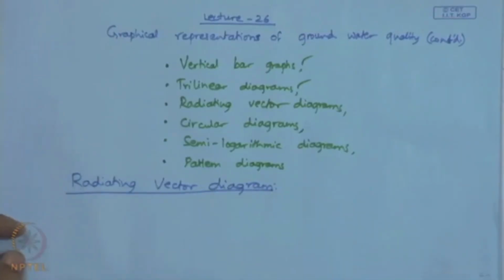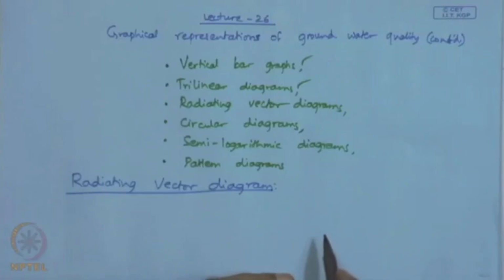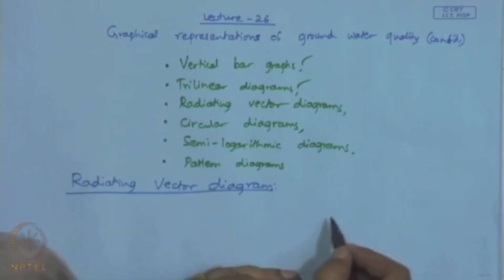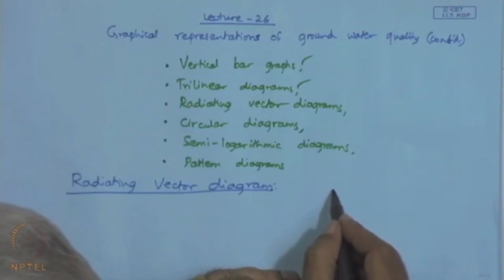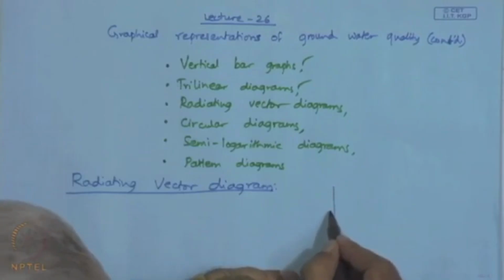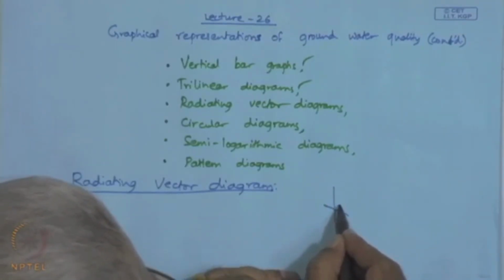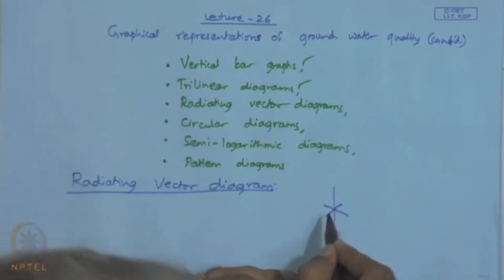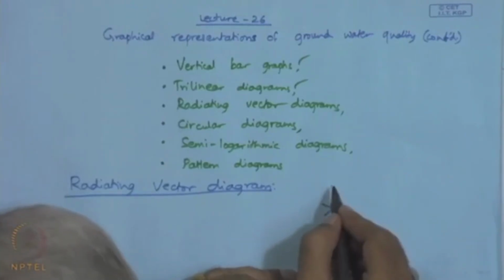In this radiating vector diagram, the sample identification number is written, and there are 6 lines which are at 60-degree orientation, and the order is maintained the same.